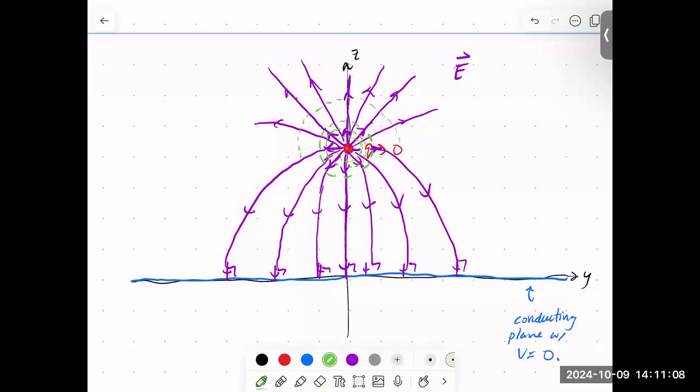And all I'm going to do is try to maintain a perpendicular line intersecting these electric fields. Maybe my drawing's not perfect, but you start to get these distortions away from circles, especially in the region between the plane and the point charge. Okay, and so these dashed lines are equipotentials.